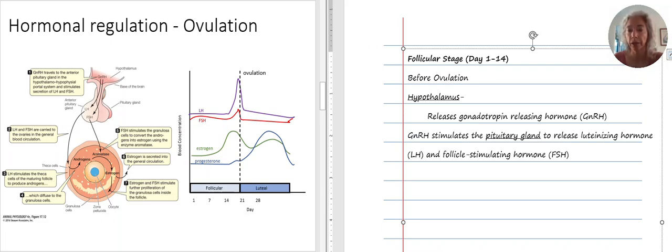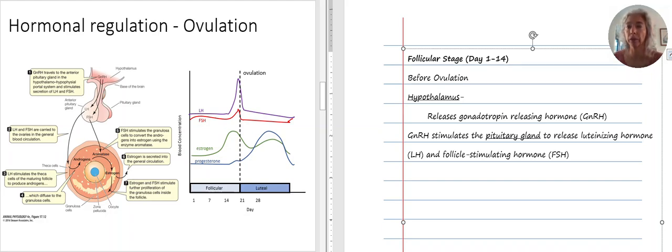And the pituitary gland will release luteinizing hormone and follicle stimulating hormone. Here's your luteinizing hormone, your follicle stimulating hormone. And the release of these two hormones, again, is triggered by that gonadotropin releasing hormone released from the hypothalamus.